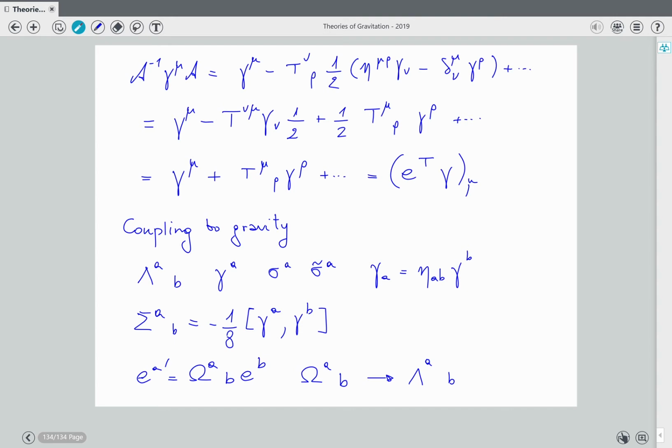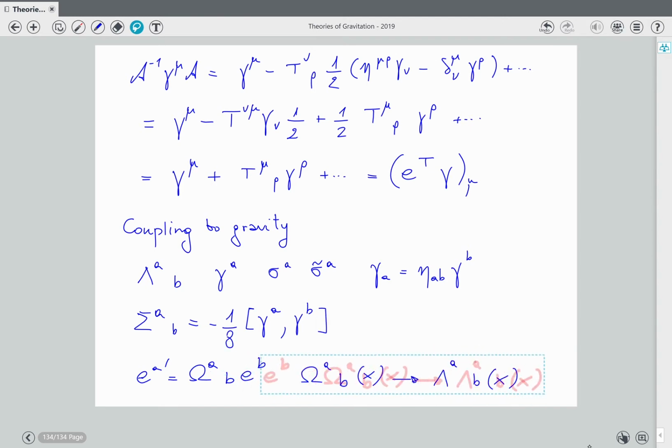So now we are considering Lorentz transformations. They look like a change of basis, as we have already seen. It depends on the space-time point, but it is not the most general change of basis, it is a local Lorentz transformation.